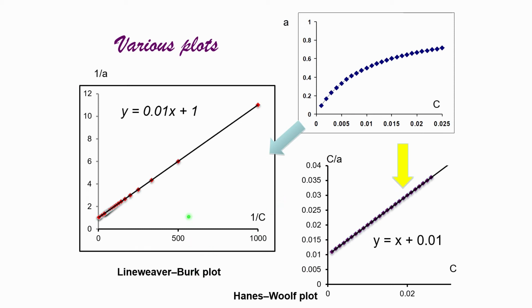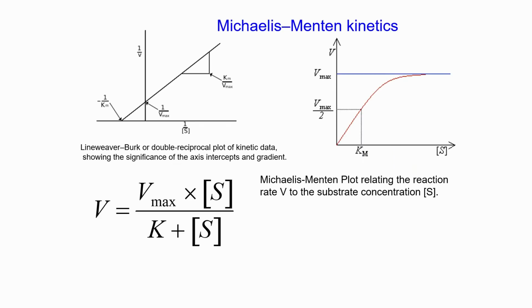You can use different plots to make it linear. Again, you can look at your biochemistry book if you want. We will not be using them. Similar process in biochemistry we name Michaelis-Menten kinetics. You can see that the equation is practically the same.